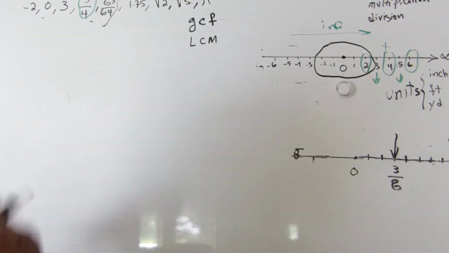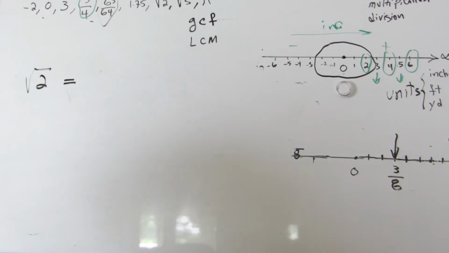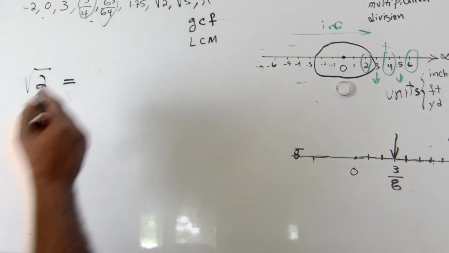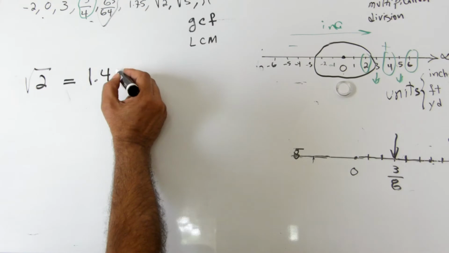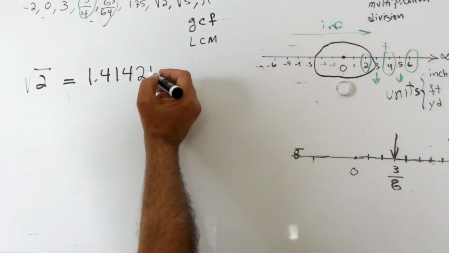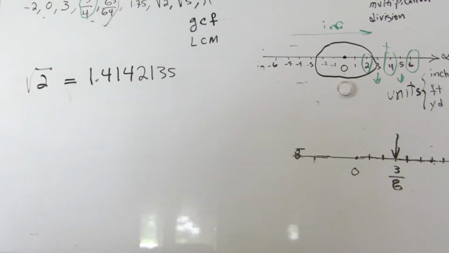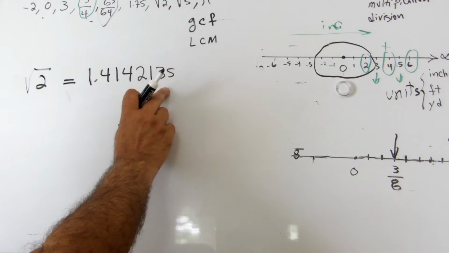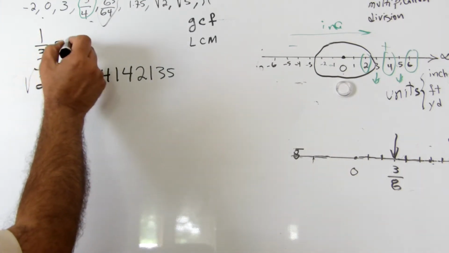that don't end, like radical 2. Radical 2, if you put it in the calculator, you will see 1.4142135, and so on. So every time the number is different, but like 1 over 3 is 0.333.